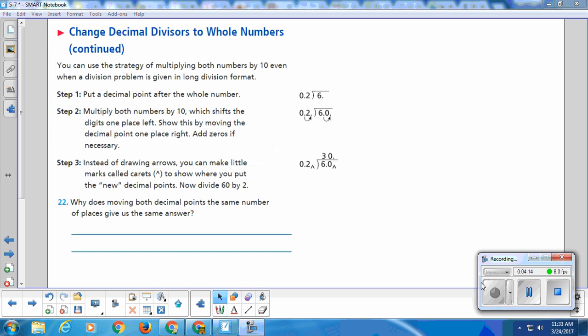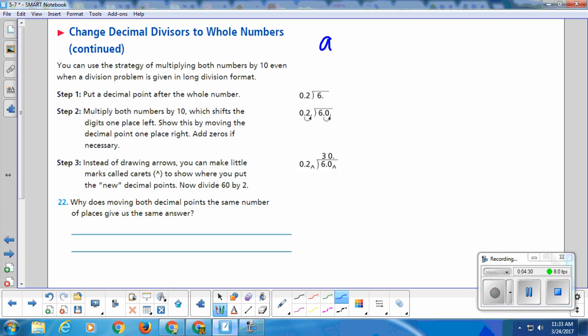Okay. So you can use another strategy. You can use the strategy of multiplying both numbers by 10 even when a division problem is given in long division format. Because the only difference, guys, between A divided by B in long division and A over B, what's this?